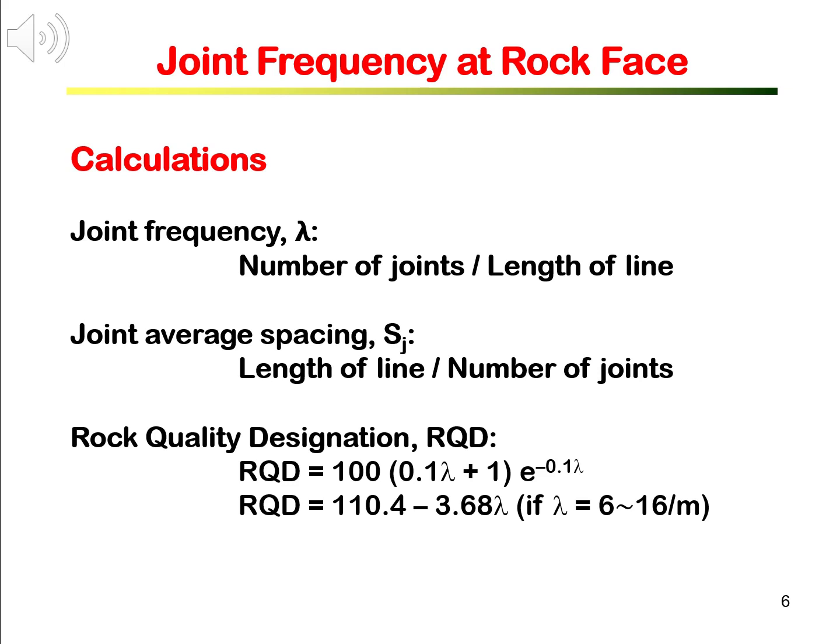We learned in session 3.2 that RQD can be estimated by the equation RQD equals 110.4 minus 3.68 lambda, where lambda is joint frequency, for most cases, if the joint frequency lambda is between 6 and 16 per meter.